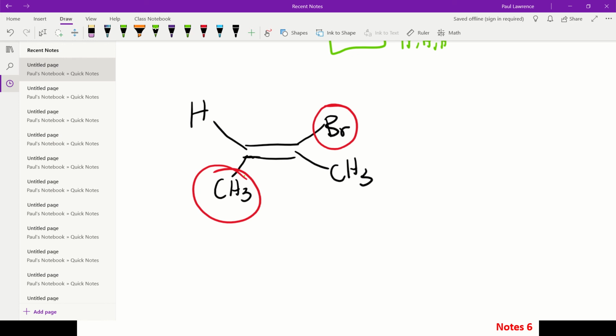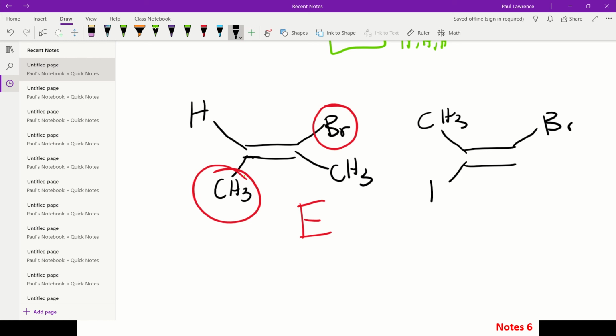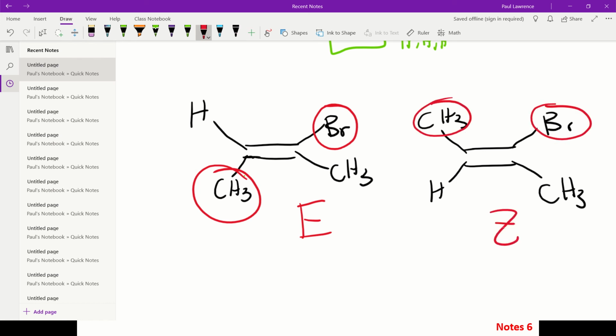So that makes this an E. If you wanted to look at the Z diastereomer of this molecule, what would it look like? It would look like that, because these groups right here are on the same side.